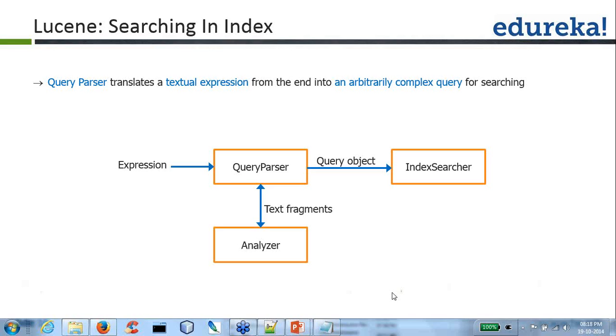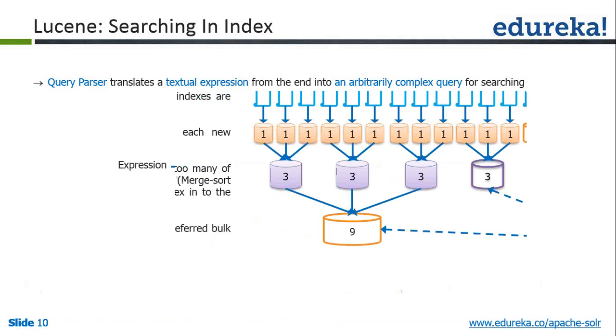Along with the query parser, there has to be some sort of an analyzer working in conjunction with it to analyze what you're trying to query, whether that query fits into the index we have stored and the analyzer we used in the indexing process. Once the query parser is through scanning the syntax of the expression, it submits the query object to the index searcher, which retrieves the results or the documents and gives it back.